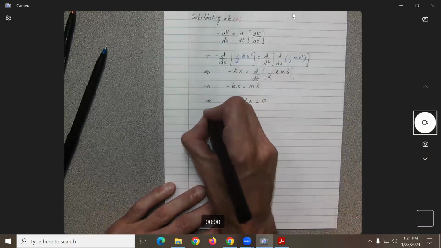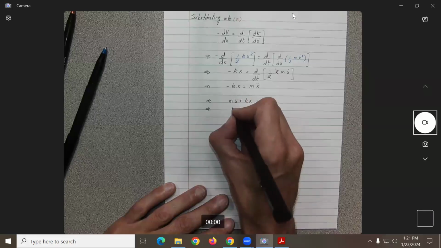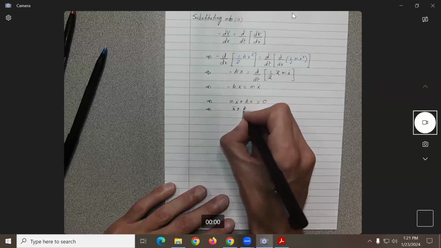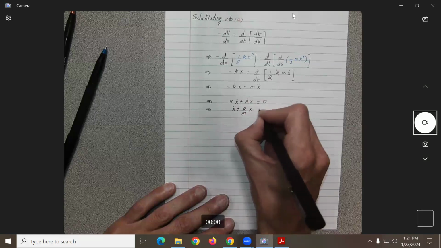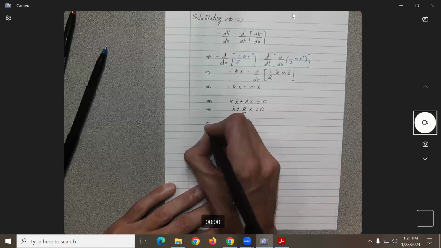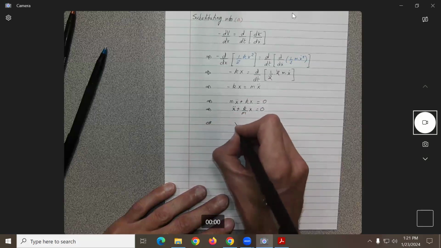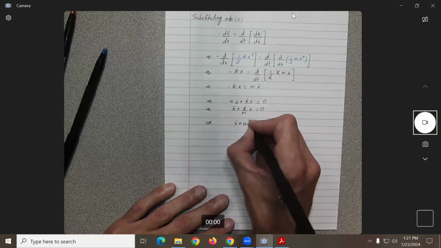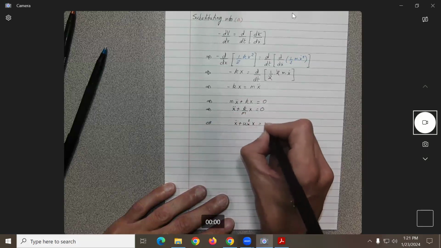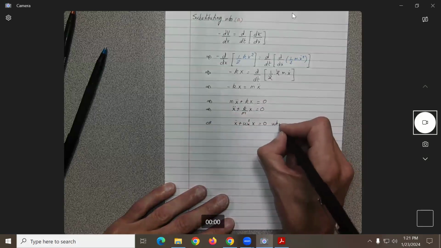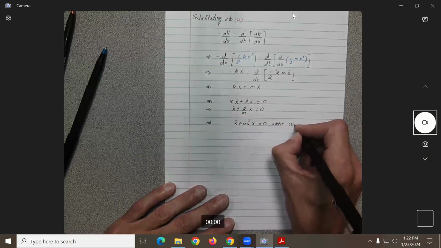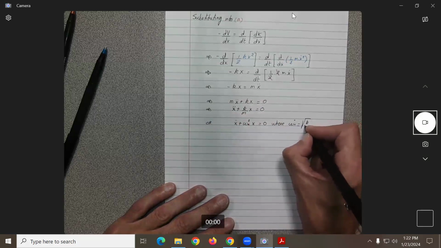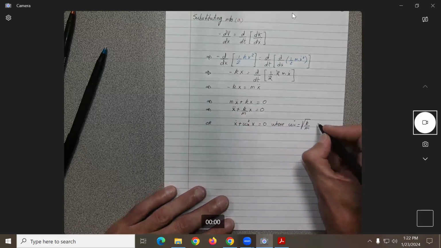If you remember here, I can write this as what? x double dot plus k over m x equal to 0, or as x double dot plus omega n square x equal to 0, where omega n is the square root of k over m, which is what?